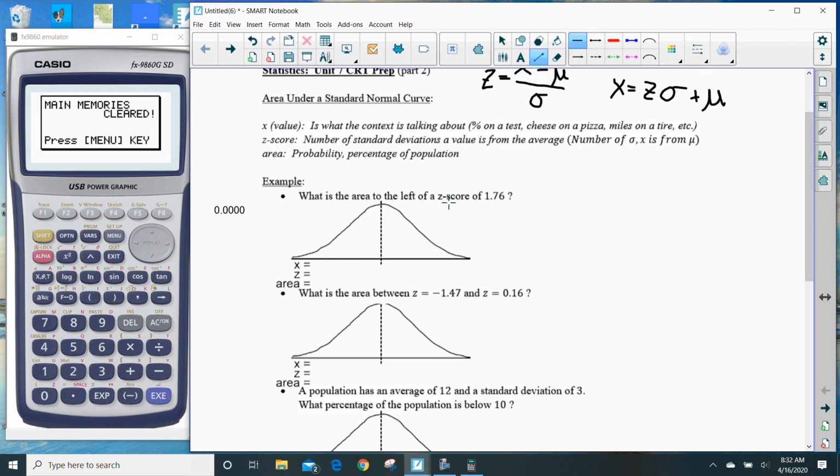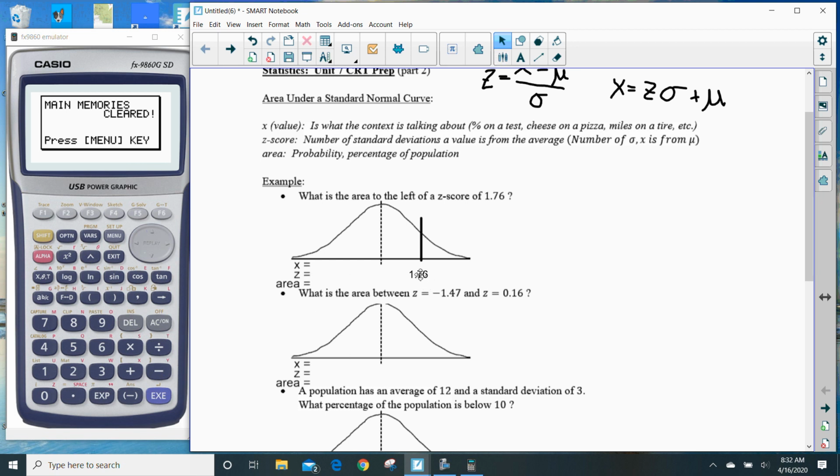Here they give us a z-score of 1.76. If this is the average, a positive z-score will be over here somewhere. Notice that that is the z-score.